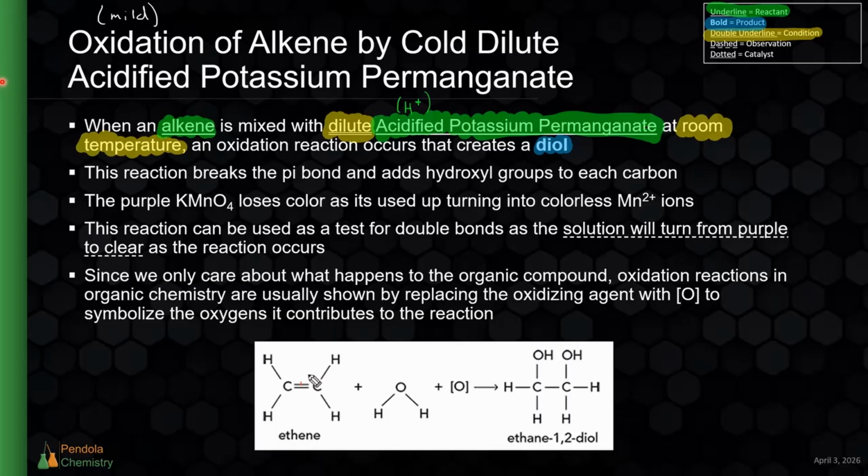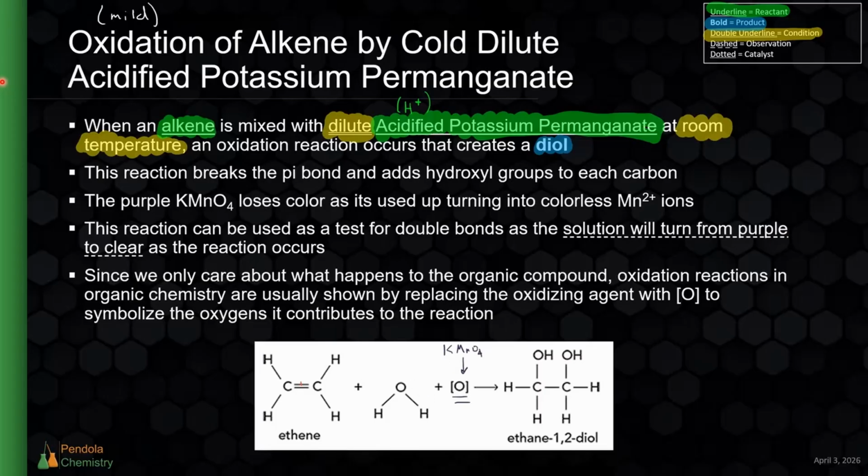And that reaction makes the alkene react with water because it's dilute and the oxygens from the oxidizing agent, the potassium permanganate. Remember that we're not going to draw potassium permanganate as KMnO4 in this reaction. Whenever we have an oxidation reaction in organic chemistry, that KMnO4, the oxidizing agent, simply gets put in as O in brackets, showing the oxygens that reaction is providing.